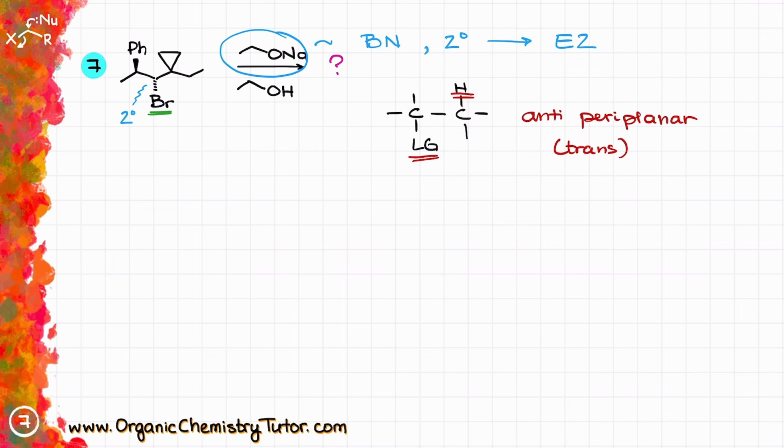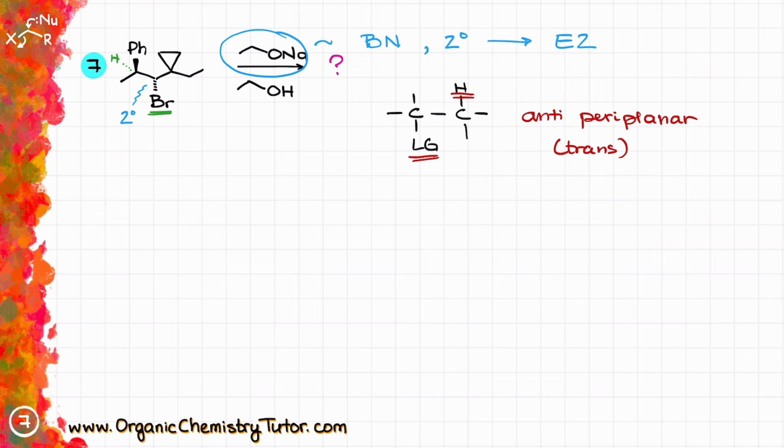The only hydrogen that is available to us right now is this guy hiding behind the phenyl group, and it also looks away from us, which means that in a case like that we have a little bit of a problem. And the problem is that our leaving group and the hydrogen are not trans, they are not antiperiplanar to each other. So what are we going to do about that?